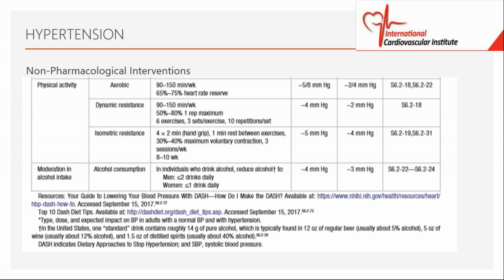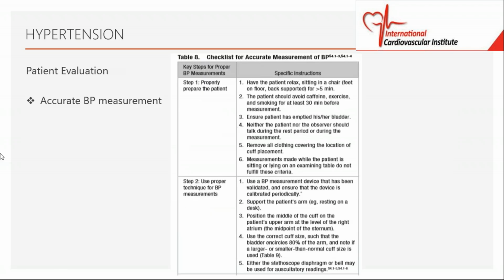Wine is 5 ounces, at about 12% alcohol. And hard liquor, if it's 40% by volume, is 1.5 ounces. But if the patient is not a drinking person, don't start recommending drinking.